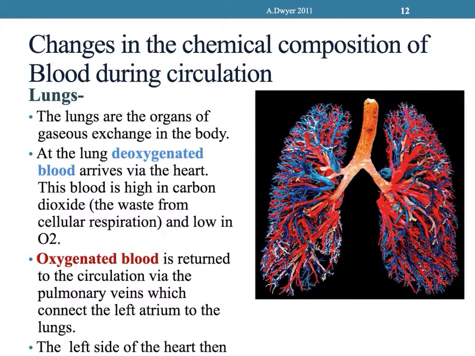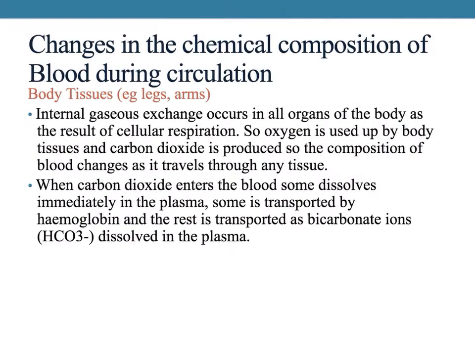So in the lungs, we've got gas exchange happening, and obviously the blood coming into the lungs is high in CO2, and the blood leaving the lungs is high in oxygen and low in CO2. In the body tissues, so the rest of your body, your muscle tissues, the internal gas exchange happens in all organs of the body.